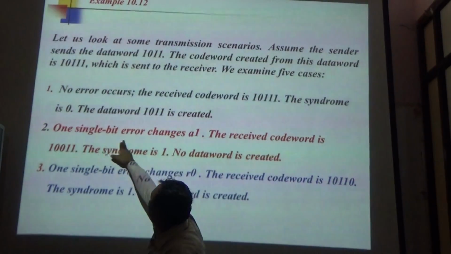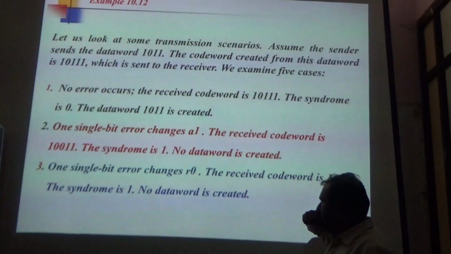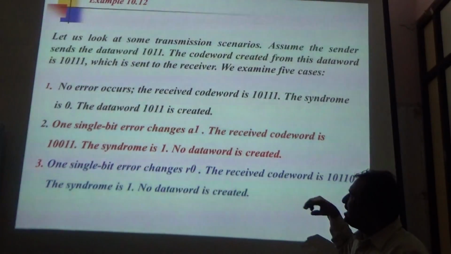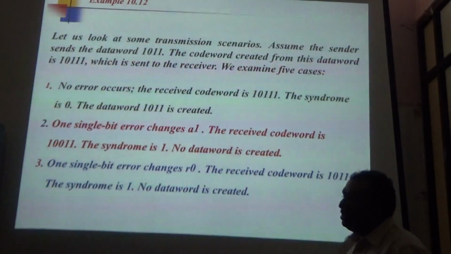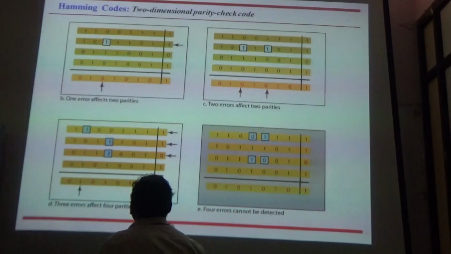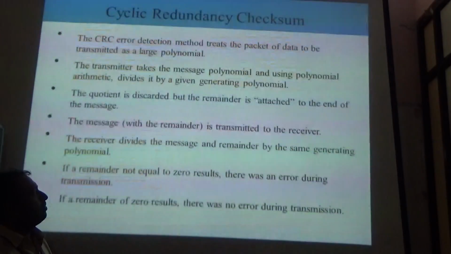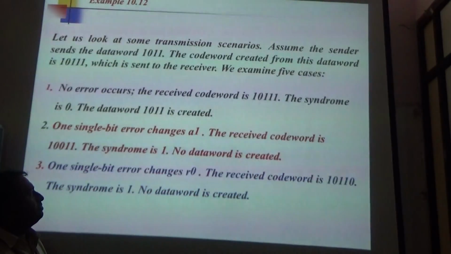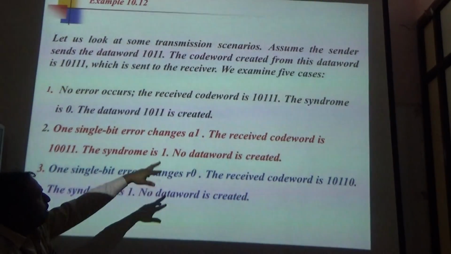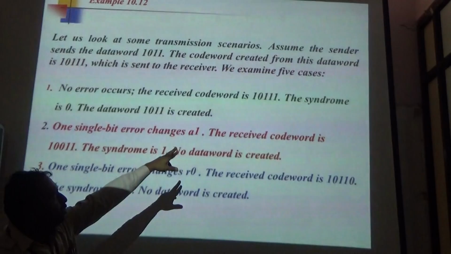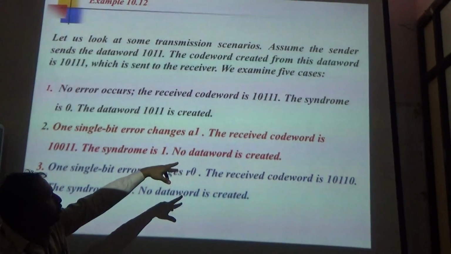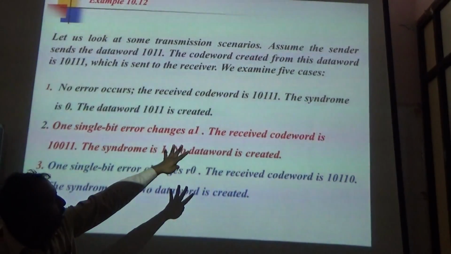is a single bit error, that is, an error has happened in the A1 bit. So the code word we have transmitted is 10111. A1 bit is bit number 4.